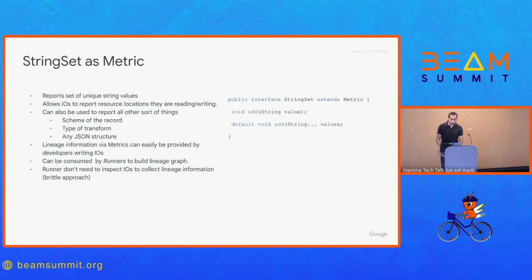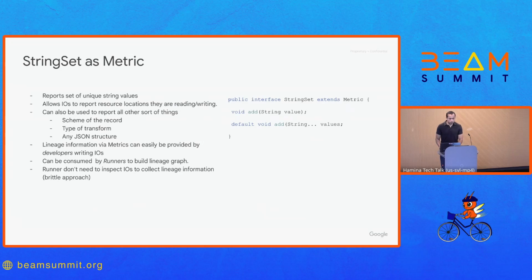And IOs, or the transforms, can report the resource locations which they are reading and writing from using this string set metric. This string set metric can also be used to capture all different kinds of information, for example, the schema of the record, or the type of the transformation which was performed, or any kind of JSON structure too.